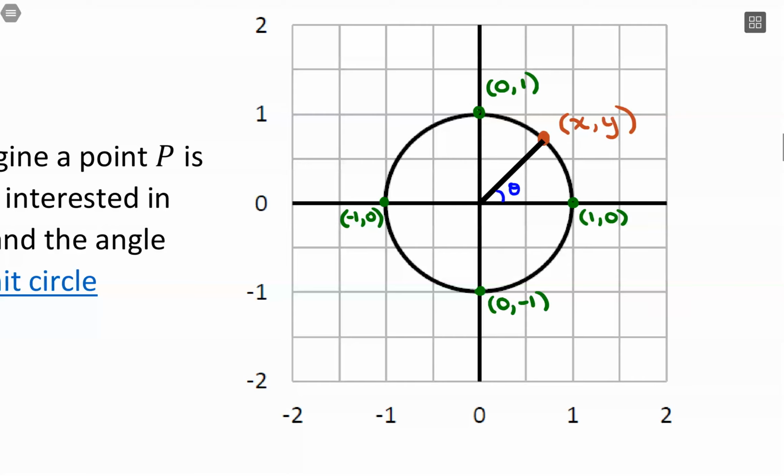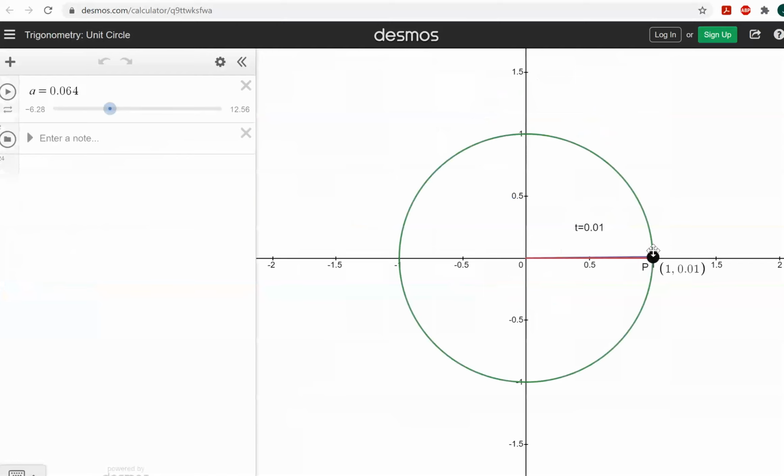But what we want to be able to do is map the values that are in between those input and output values. So just to show you a demonstration, we can move this around, and t is, sorry, let me get t to be positive. Here we go. So t is in radians, and then you can see it's mapping the coordinate.